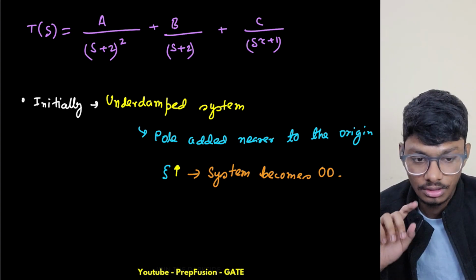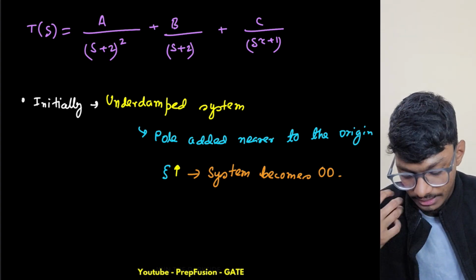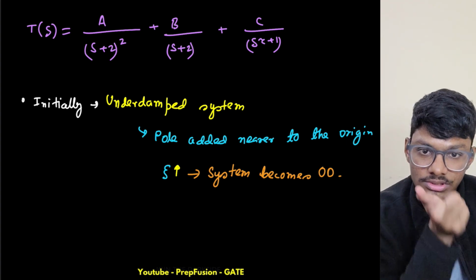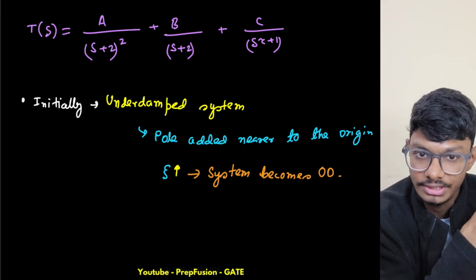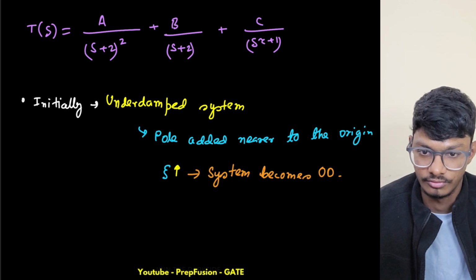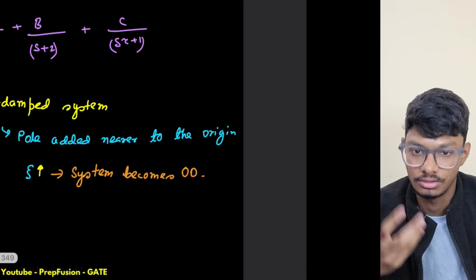Okay, so this is the case. So the simple thing: closed loop poles, if you add more near to the origin, zeta will increase, else zeta will reduce if you add further away from the origin. Okay, the simple thing. This is the conclusion from this.